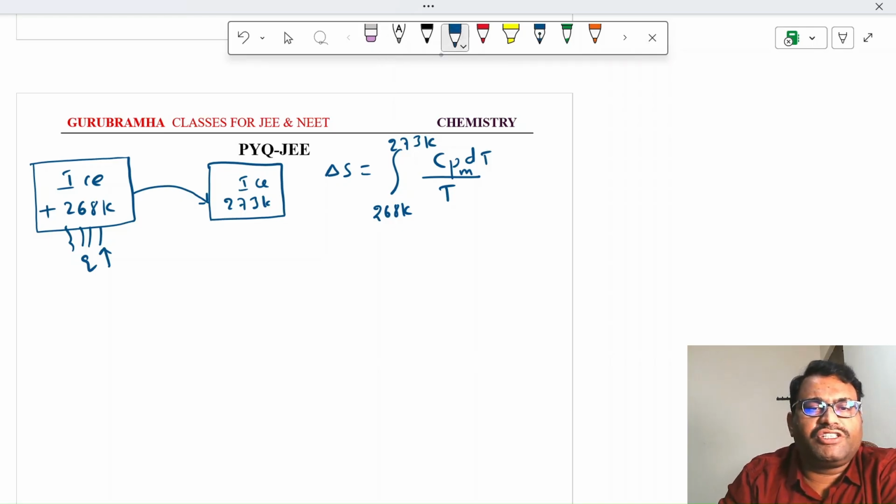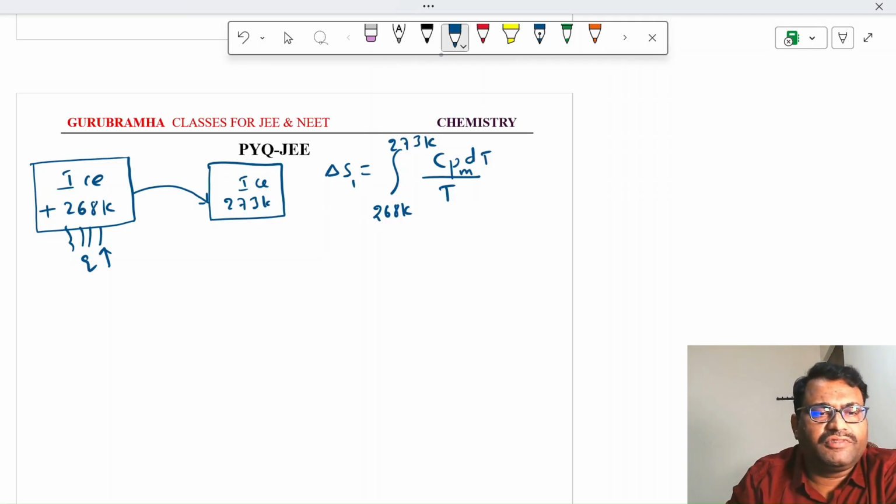So this is delta S1, the entropy change for the first step.